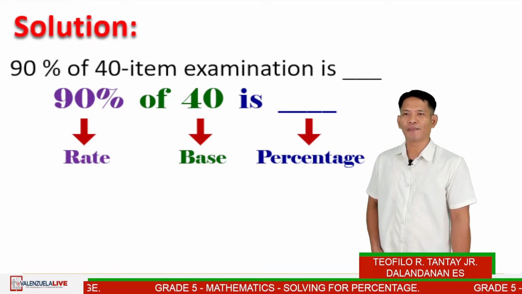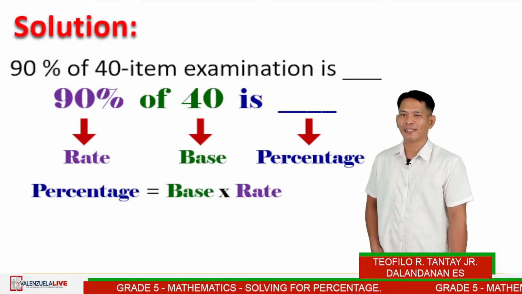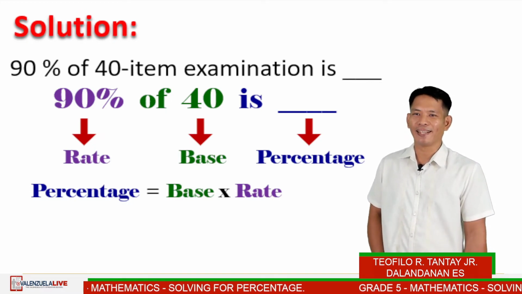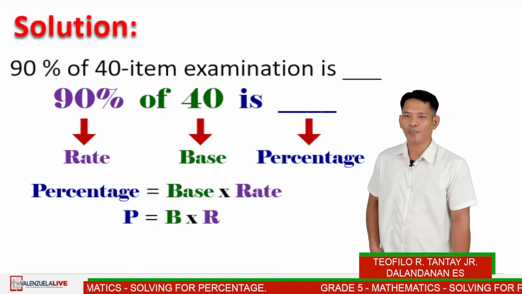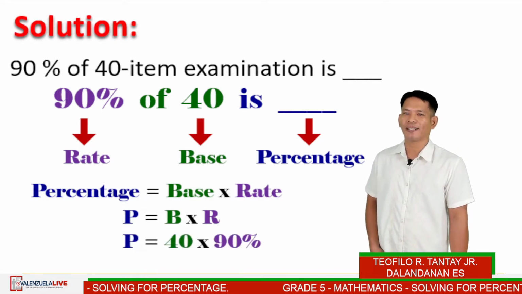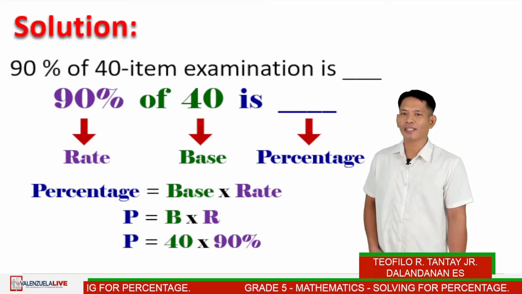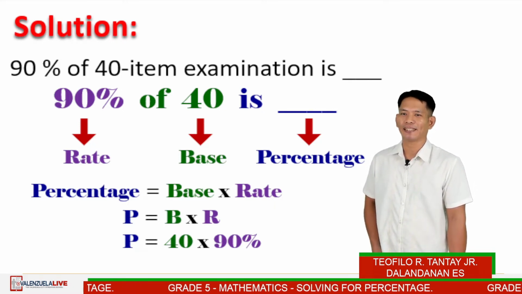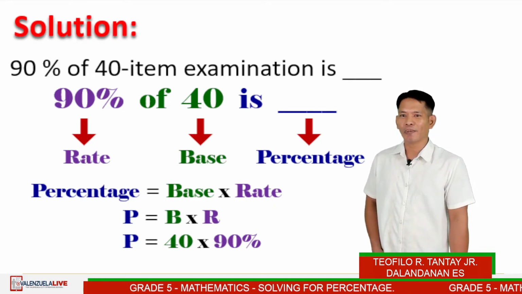How do we solve for the percentage? Percentage is equal to base multiplied by the rate. So we have P is equal to B times R, wherein base is equal to 40 and the rate is 90%.